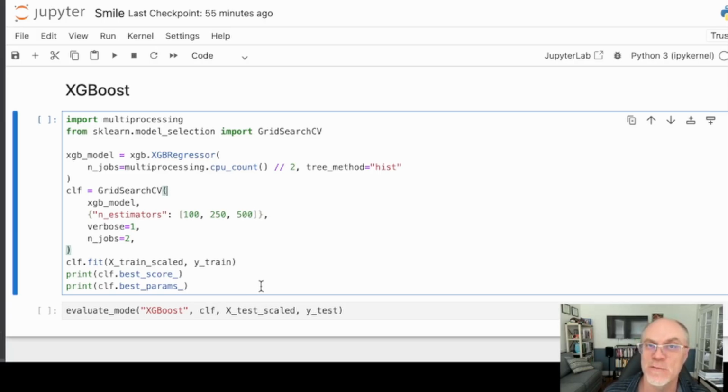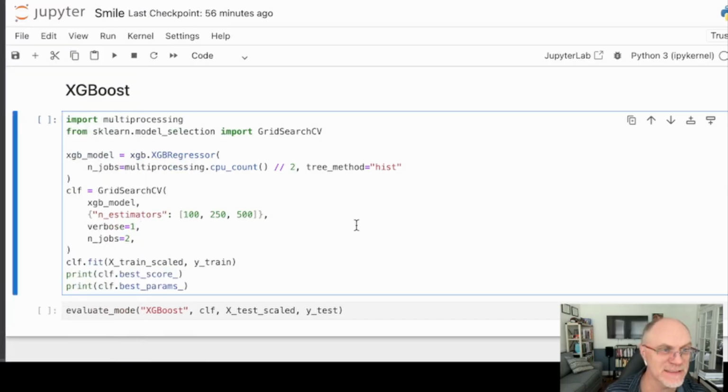In this case, I've only got one, but I could add other hyperparameters here, such as the max depth of the tree, etc. So here I'm going to run a grid search and use the values for number of estimators of 100, 250, and 500. It's going to try out each of those and then report back to me which one is the best. This code works similarly, and the XGBRegressor is going to use decision trees underneath, but I'll explain in a minute how this works.